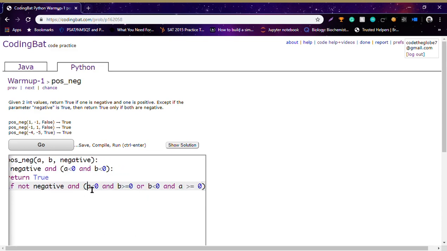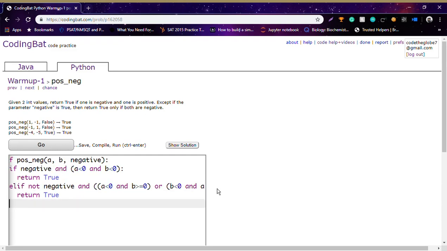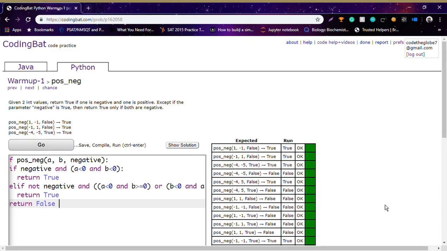Over here, let me just put the parentheses. Okay, so what I'm stating over here is that a is negative and b is positive. So if a is negative and b is positive, or if b is negative and a is positive, we return true. That is only if the parameter negative is false. Then anything else we just return false straight up. Okay, so we got them all right.